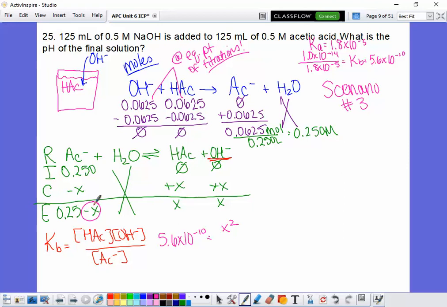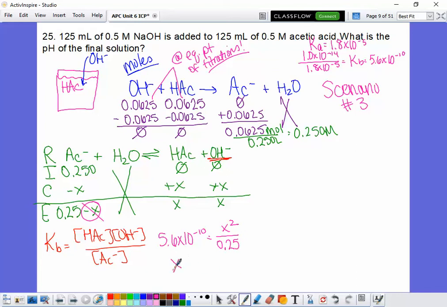And what is 0.25 divided by 5.6 times 10 to the negative 10? Really big number, really larger than 400. So we can get rid of that, because x is going to be so much smaller than the initial concentration that the amount we're subtracting is negligible. So x squared over 0.25.